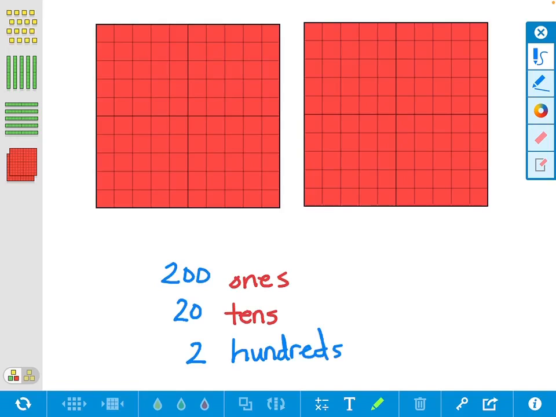Okay, so I want you to pay attention during this lesson. We're going to be focusing on simply the number 100 for a while. But I do want you to be thinking about what we're talking about when we're talking about 100 or one of the hundreds models, or when we're talking about how many tens are there in 100, or how many ones are there in 100.